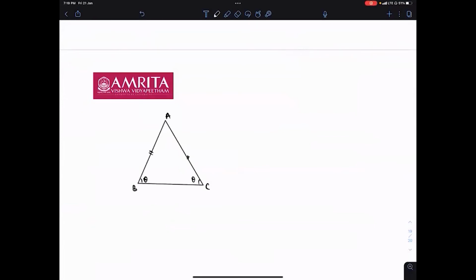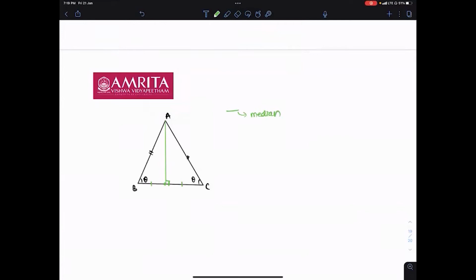Now, if I take the midpoint of BC and join it, then it will be perpendicular. This is the midpoint. And this green color line, if I join the midpoint to the opposite vertex, what do we call it? We call it a median. So this green color line is a median.